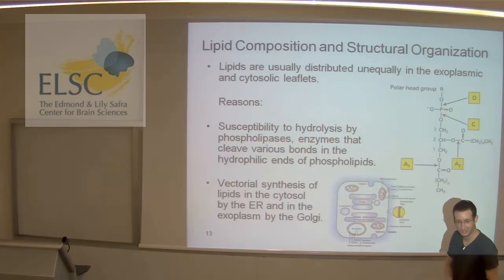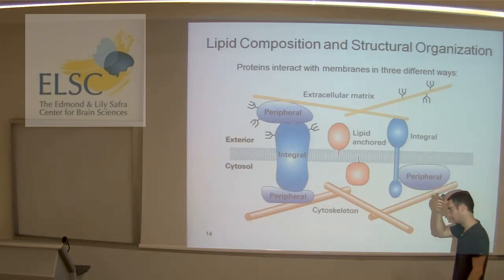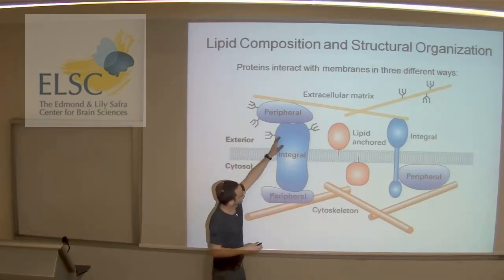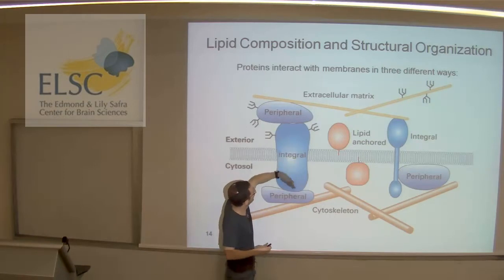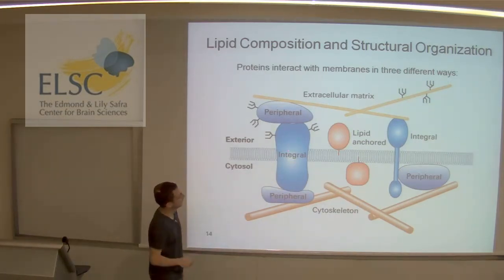Okay. So we will just end this, I think, with 2 more slides and then go out to the break. Proteins interact with the membrane in several ways. They can be integral or transmembranal proteins, meaning that they will have 2 edges sticking out on both sides and are just embedded in the membrane.